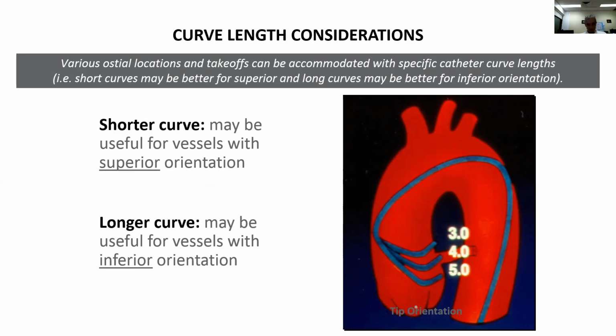And you can see how the distance and the angle can make a difference depending on the nature of the lesion, such that a shorter curve can be useful for a higher orientation, and a longer curve may be more useful for a lower orientation. And to learn that, you just need practice and manipulation. That, as I said, I don't do in my role in my hospital, but others do in other institutions.